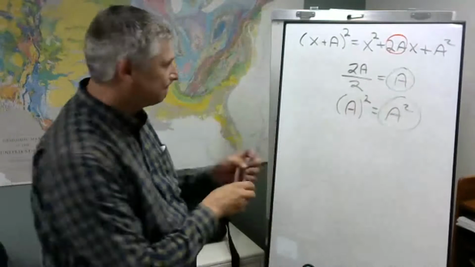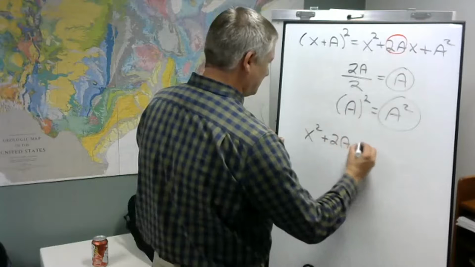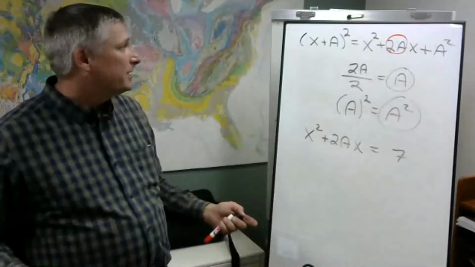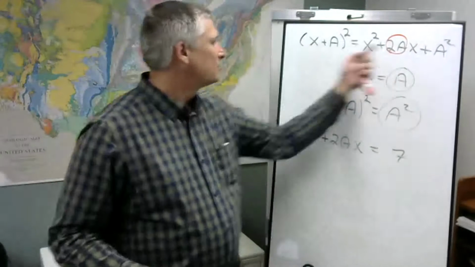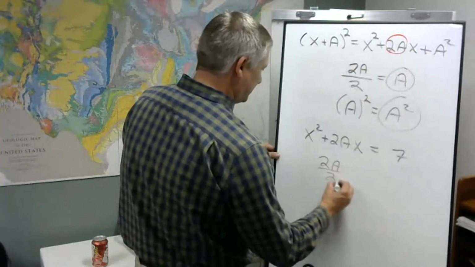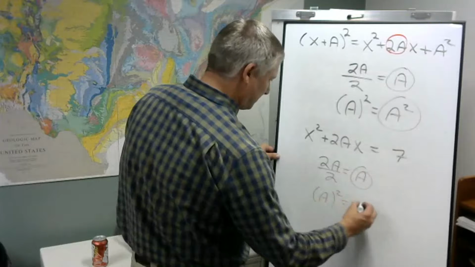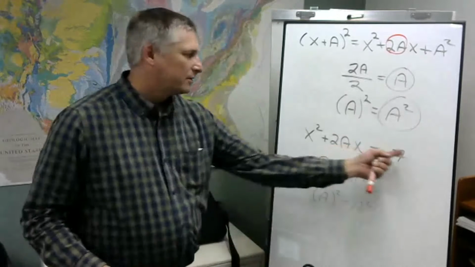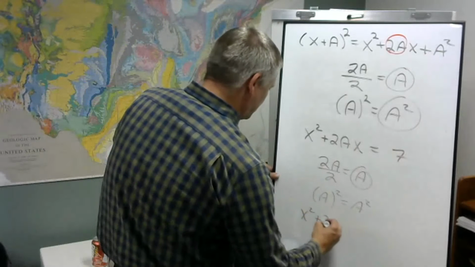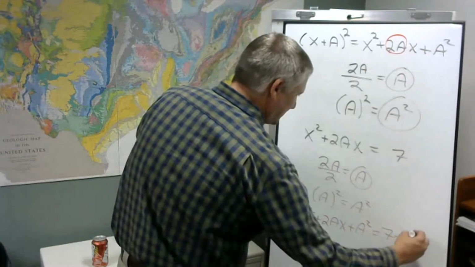basically what just happened, is we would have a situation like this. Equals, oh, who knows, 7. Say it's 7. So to complete the square, to get this, 2a divided by 2 is a, square that a, add a squared to both sides, and so we get x squared plus 2ax plus a squared is 7 plus a squared.